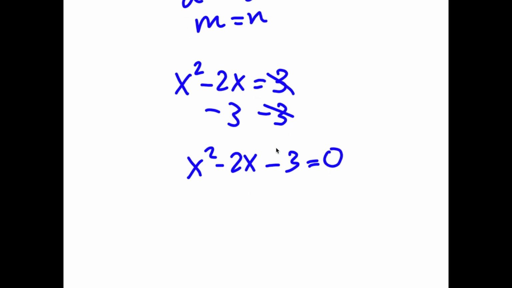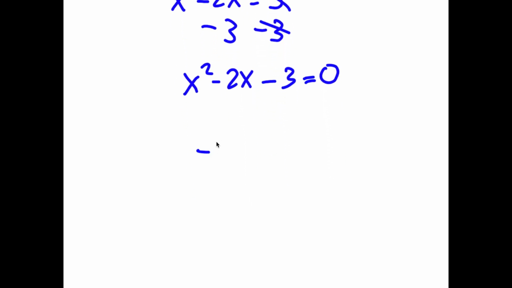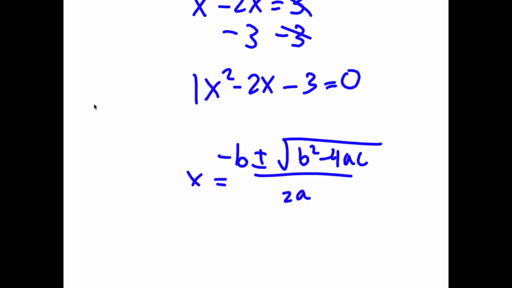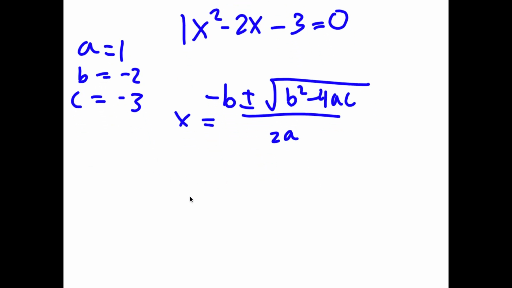And now to solve this, I'm going to use the quadratic formula, which is negative b plus or minus the square root of b squared minus 4ac all over 2a. So in this case, a is 1, b is negative 2, and c is negative 3.